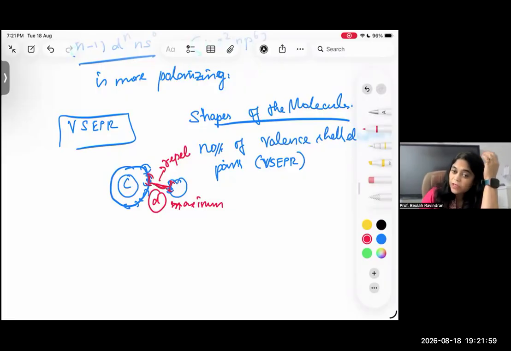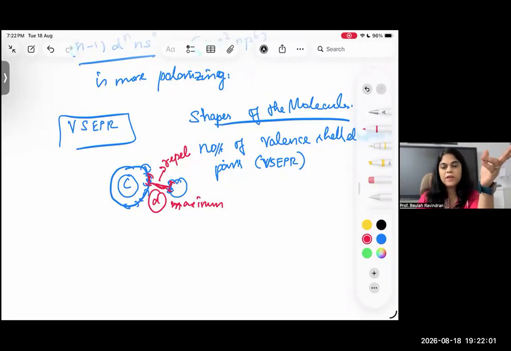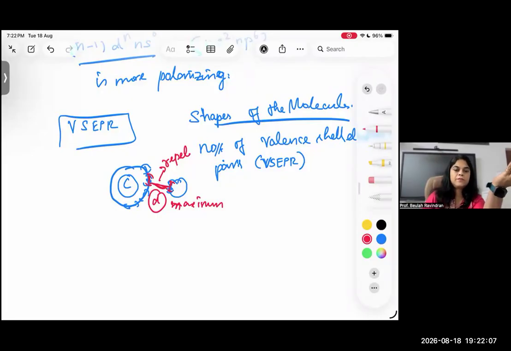So the repulsion between two lone pairs of electrons is different from those between two bond pairs. The repulsion between two lone pairs is different than between bond pairs or between a lone pair and a bond pair. So the repulsion decreases in this order.